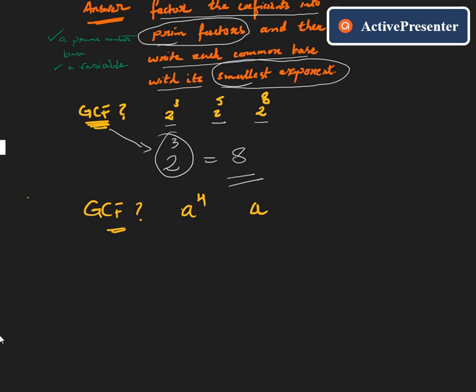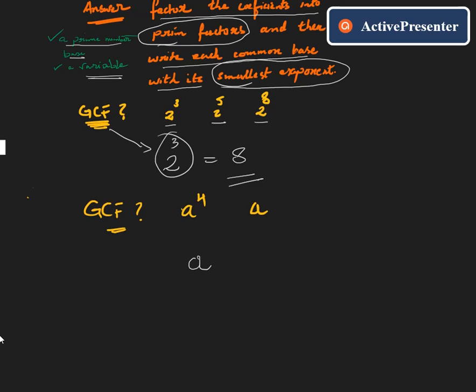What is a prime factor base here? As we discussed, it could be a prime number base or a variable. Here we have a variable, so our prime factor base is a variable, which is a. It is a prime factor, because it can only divide by itself and 1.